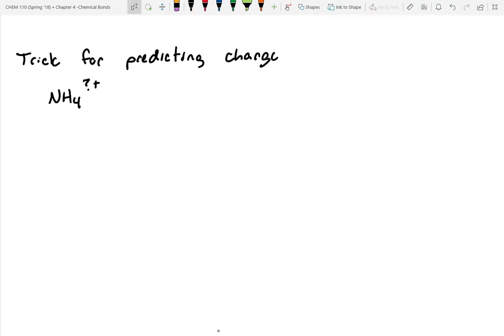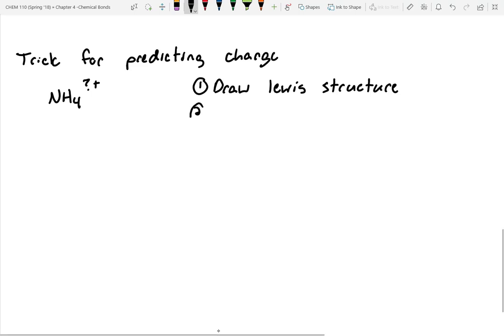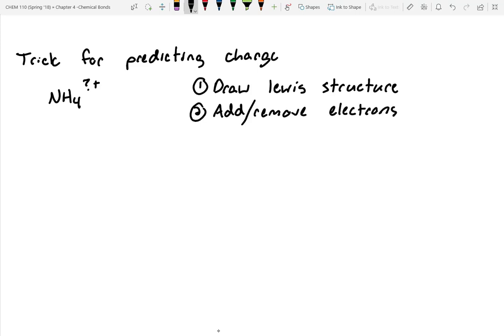First thing I do is I draw the Lewis structure. And then I add or remove electrons so that all electrons are paired.